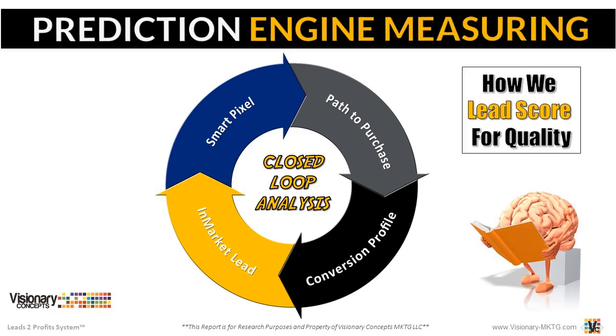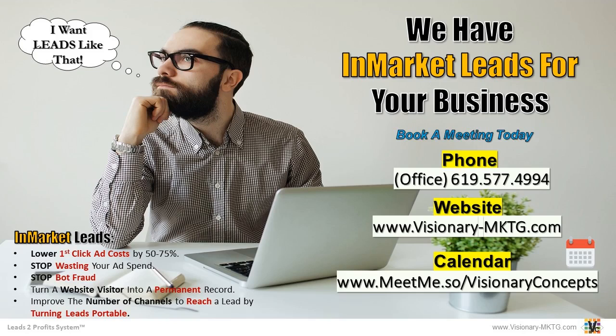You still need a closed loop analysis process to lead score each and every in-market lead to ensure that quality and targeting accuracy on the front end is maintained going forward. Because that is the only way you're going to get high click-through rates, lower that first ad click cost, and really get that cost per lead down to a price that's affordable and realistic for your market. In the next video, I'm going to show you why every business needs in-market leads.